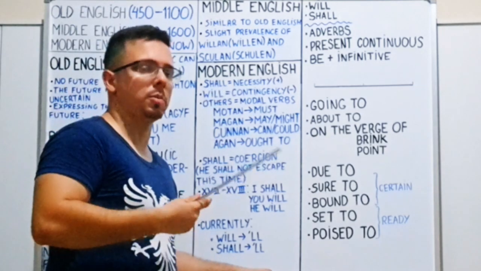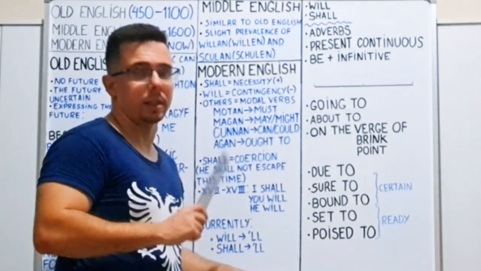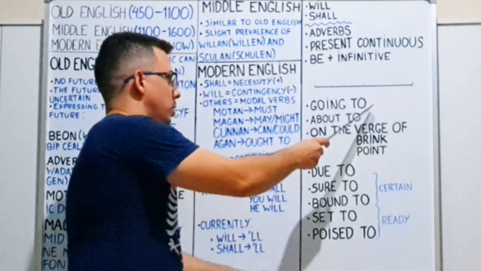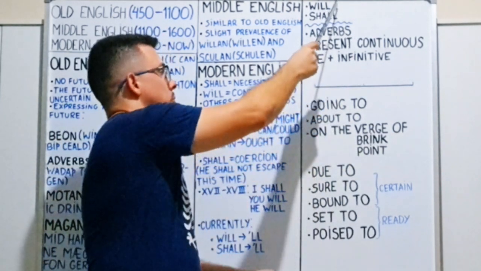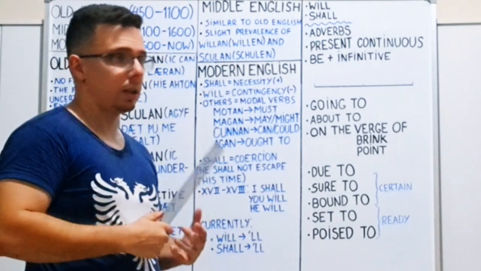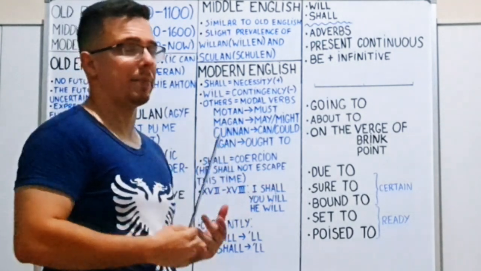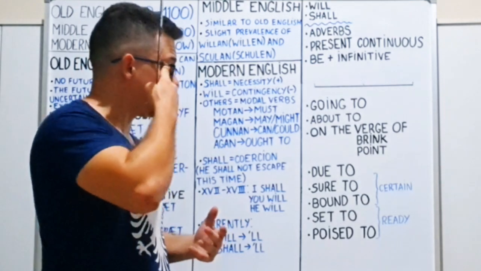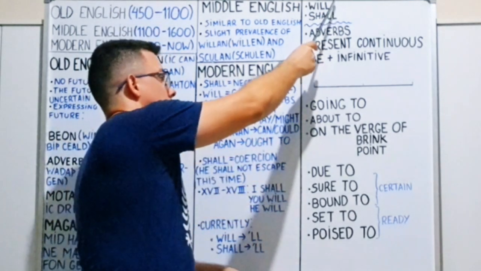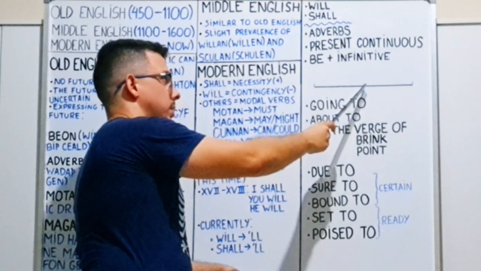A very common explanation on the internet about going to, present continuous, and will, which doesn't cover all the uses of these constructions, but is also at the same time very useful, goes like this. Will is something you decide in the present.